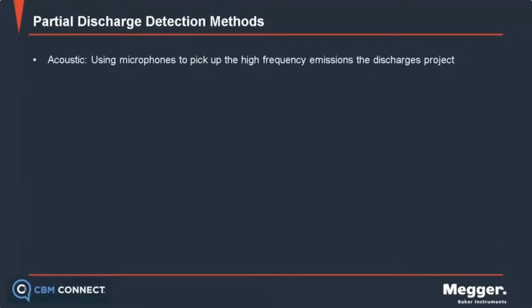One of the methods is acoustic. You can literally hear partial discharge occurring, especially when it's external and on the surfaces of the insulation systems. We basically just use a sensitive microphone to pick up those high frequency emissions as one detection method.